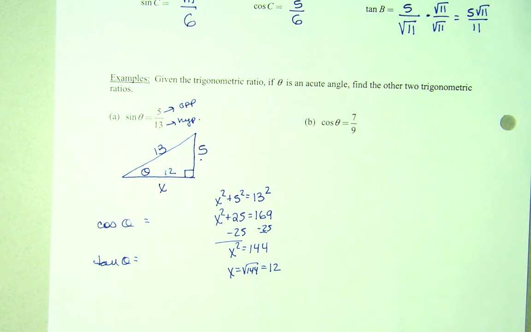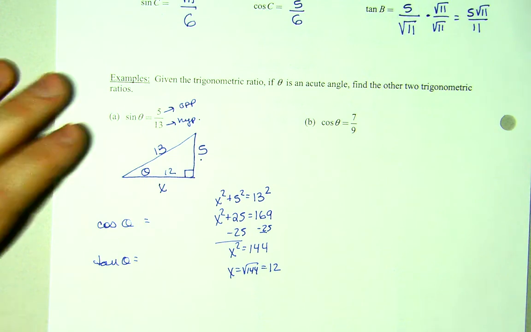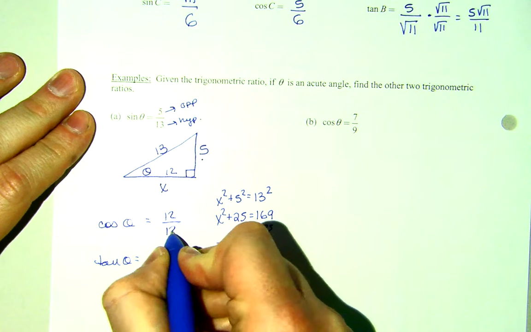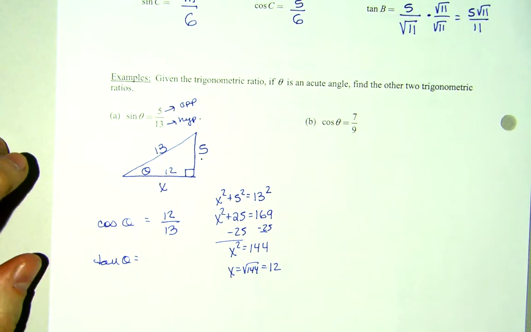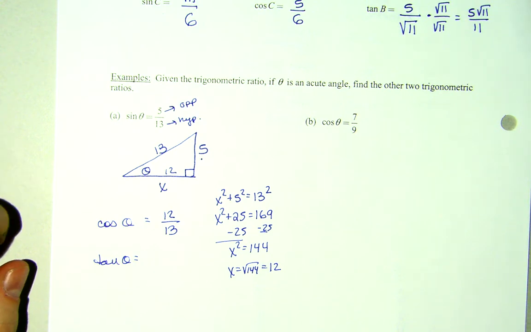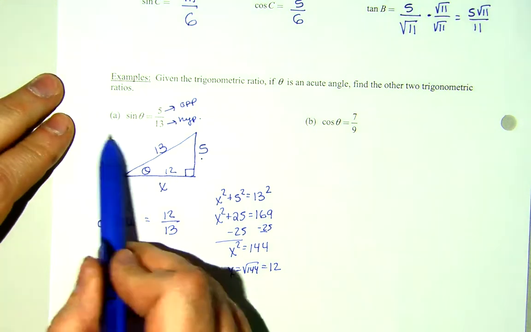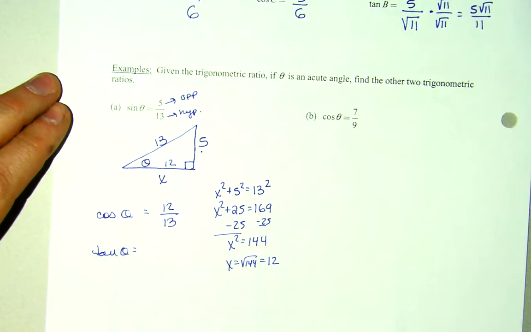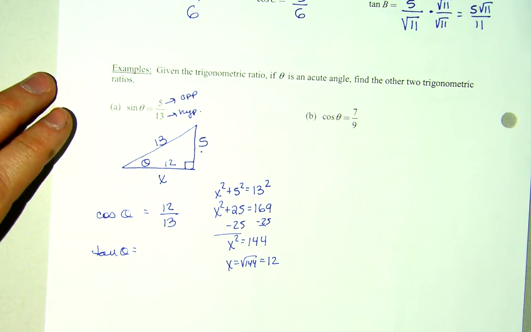Brittany, what's the cosine of theta? 12 over 13. That's it. And Mina, how about the tangent of theta? Do you have your triangle drawn out? The 5, 12, 13?